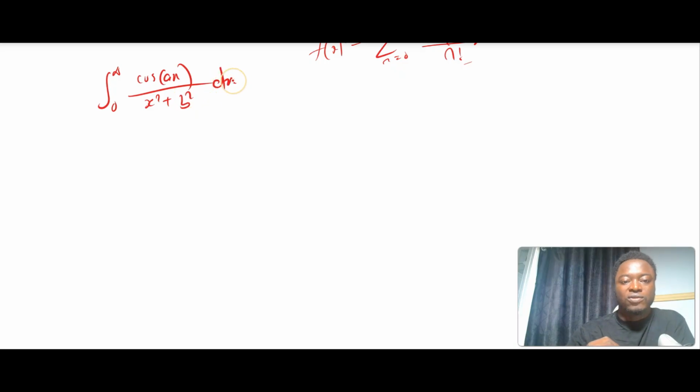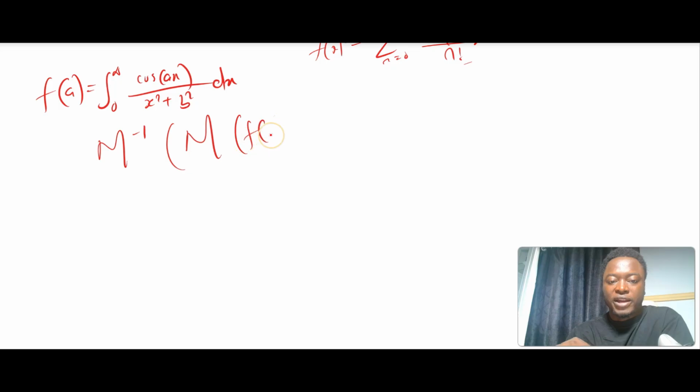We need to find the integral from 0 to infinity of cosine of ax all divided by x squared plus b squared dx. So we recognize this as f of a, and we know that the inverse Mellin transform of the Mellin transform of f of a is going to equal f of a.